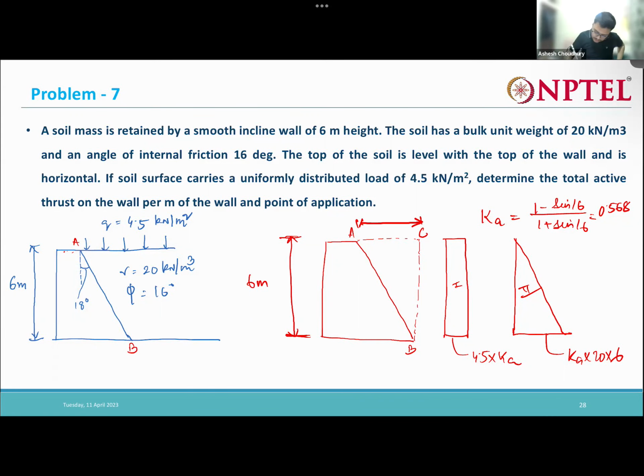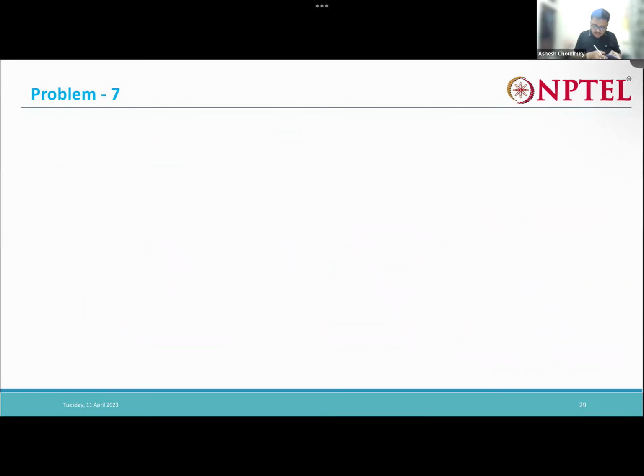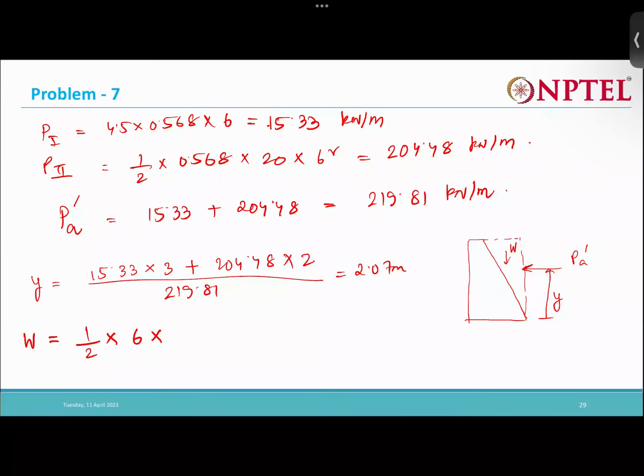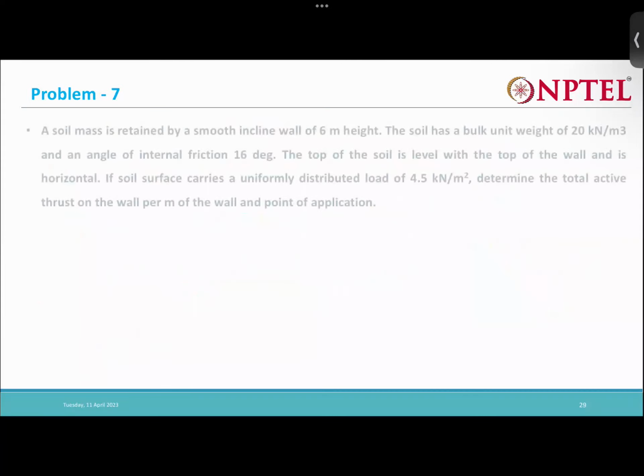So this angle I know, right? 18 degrees. Just a second.